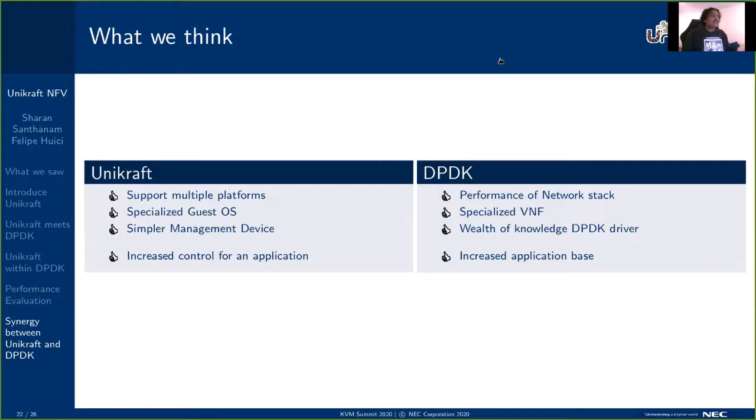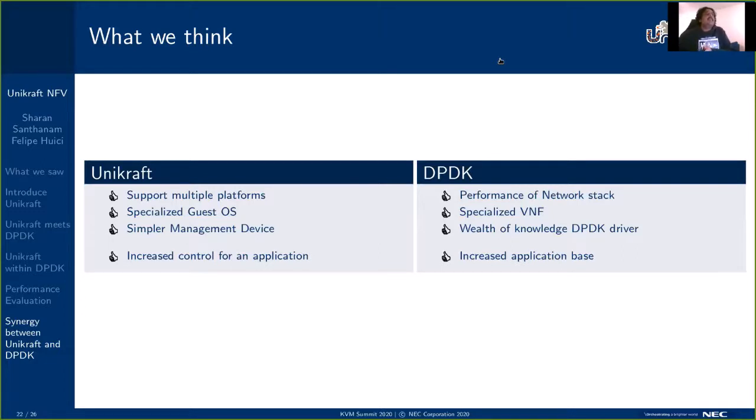To conclude my talk on Unikraft, we made a comparison. Unikraft provides multiple platform support and a specialized guest OS, whereby we optimize for image size, memory consumption, and boot times at the same performance. We have simpler device management for a DPDK application, and we provide increased control for an application compared to a Linux guest VM.